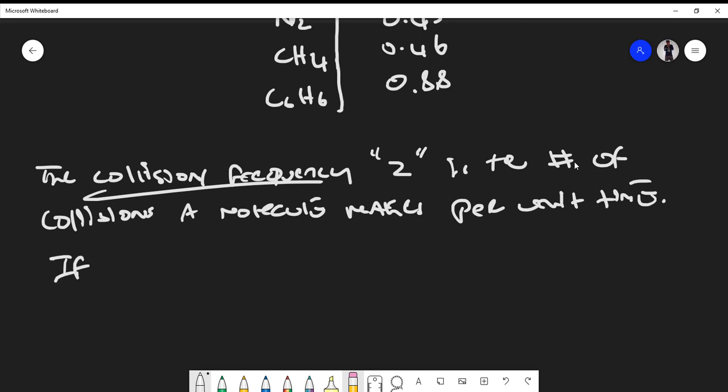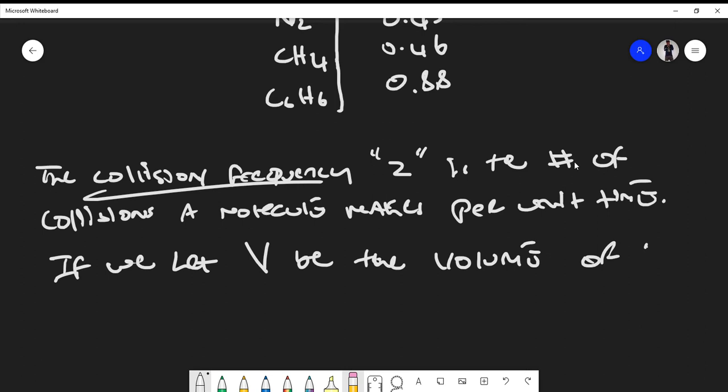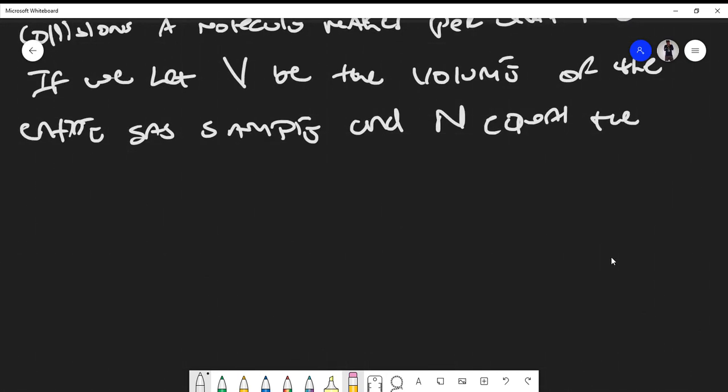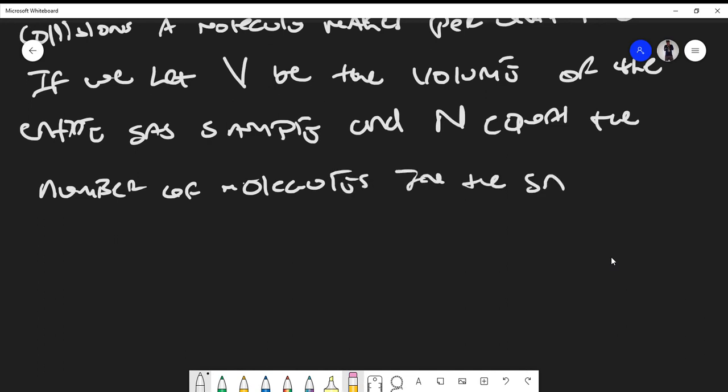So in other words, if we let big V be the volume of the entire gas sample, and we let N equal the number of molecules in the sample, then we can define a number density.